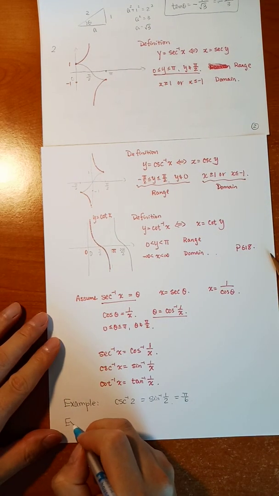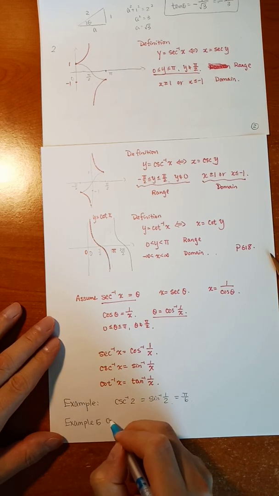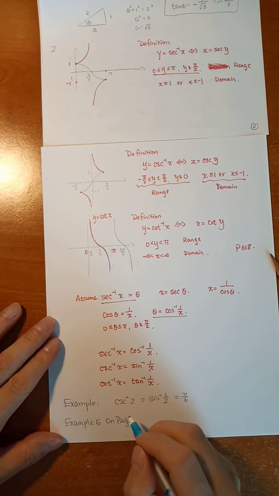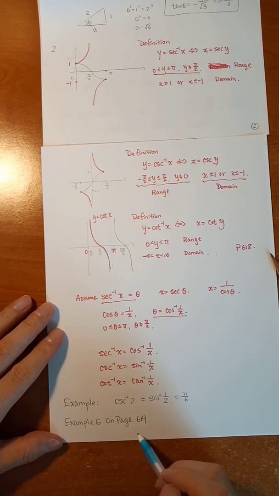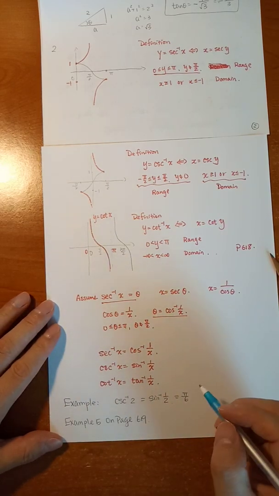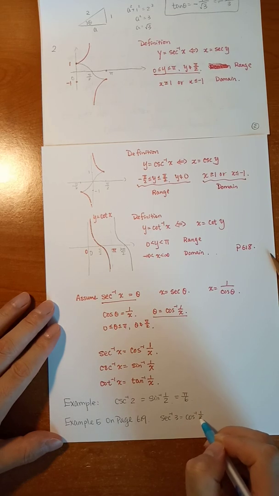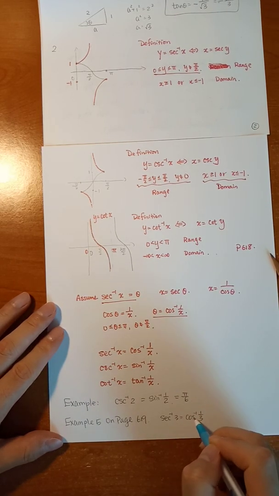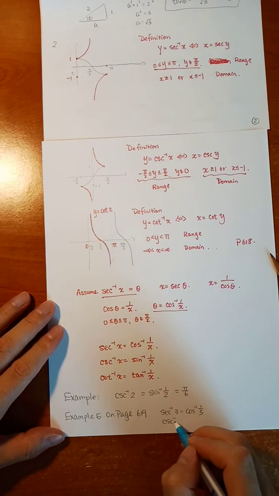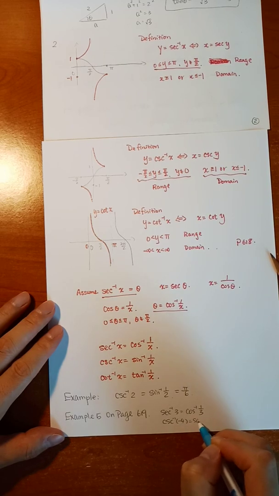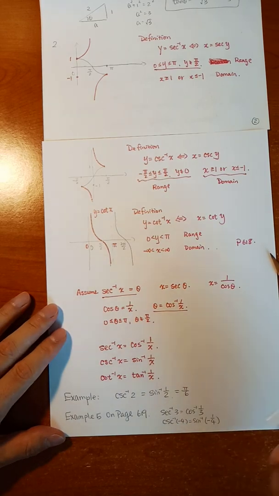In example 5 on page 619, they always transform secant inverse to cosine inverse, cosecant inverse to sine inverse, and cotangent inverse to tangent inverse, whatever.